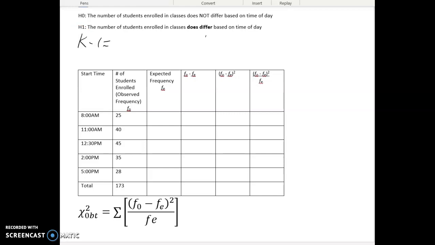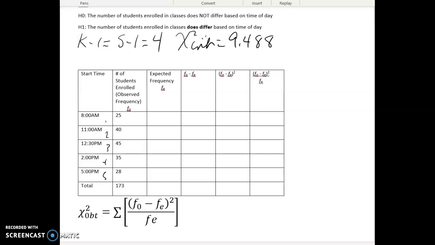So k is the number of groups. We've got 1, 2, 3, 4, 5 groups. So we've got 5 minus 1 again, which is 4. So our chi-square critical value is once again going to be 9.488.